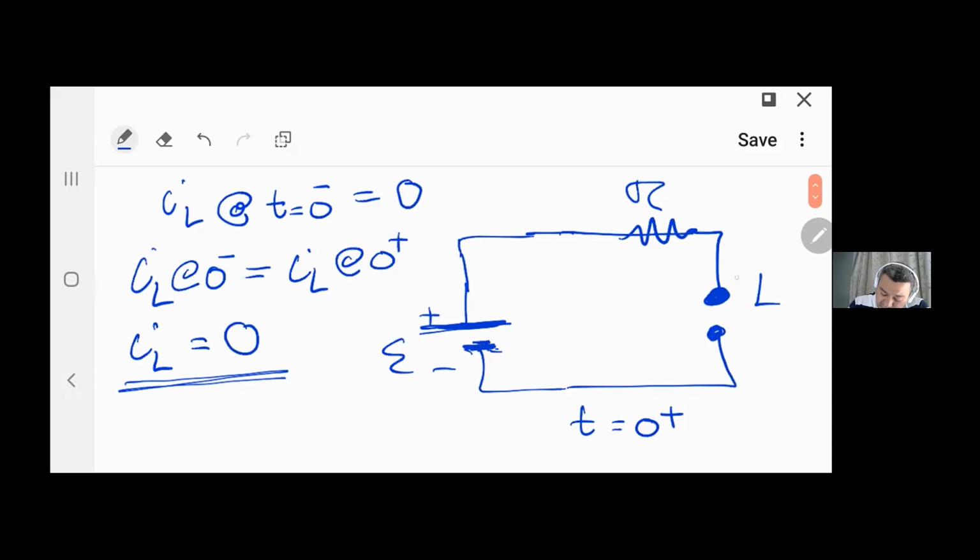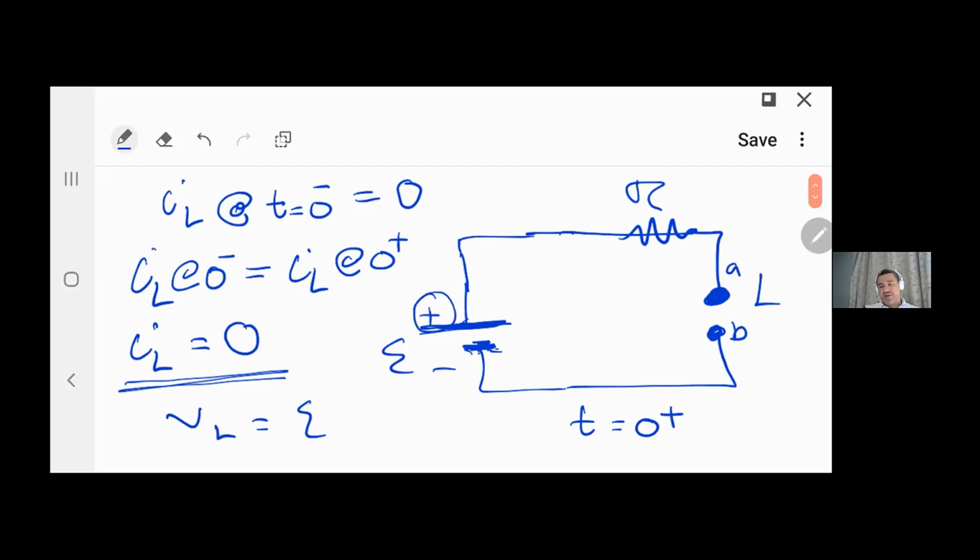If I label these A and B, then this potential shows up at A and this potential shows at B, and indeed V_L will equal epsilon, which is the voltage of the battery.